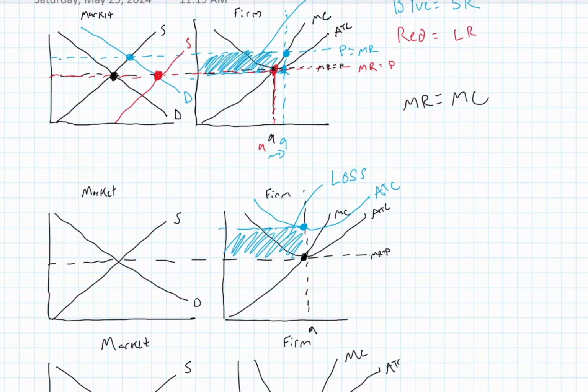Same thing: if every firm is losing money in the long run, a lot of firms are going to exit that market. So the supply decreases. So we have a new equilibrium, which is roughly right there. Then we draw our new price.